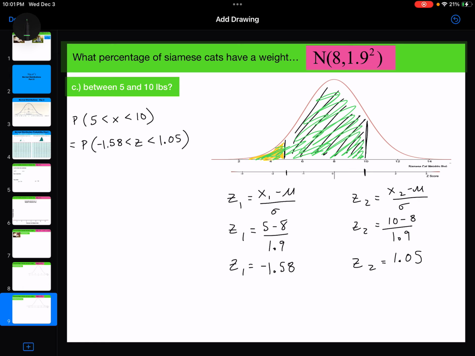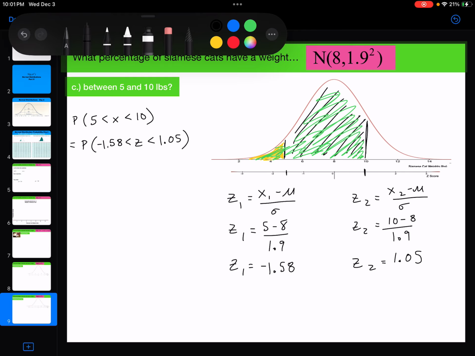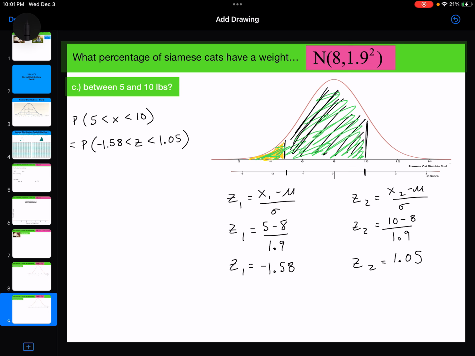And I've got to figure out how to use green and yellow in order to get the black. Let me redo the black so it's on top so we can see what's going on. All right, so how do I get from a green area, which I can look up, and a yellow area, which I can look up, because both of those are below, in order to get this black?